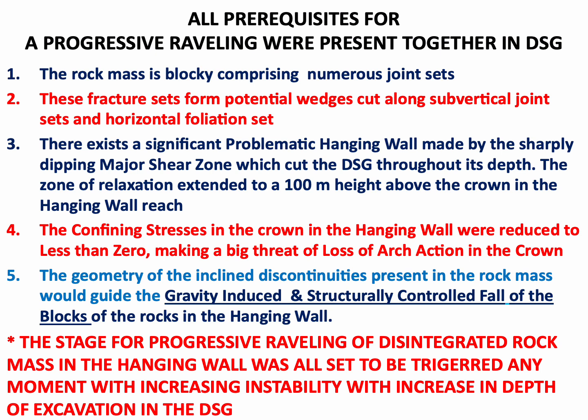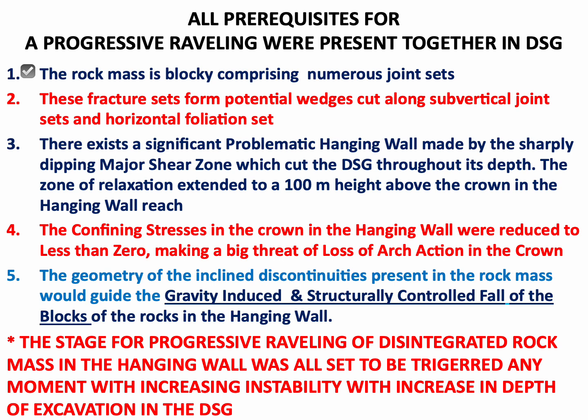Thus, we see conditions similar to those in the case of the mining stope discussed earlier, where raveling failure had happened exactly along the profile of a region of loss of confinement arising in the hanging wall, which was made of blocky rock mass. Here also, all the prerequisites which could result in raveling failure were present together only in the Downstream Surge Gallery.